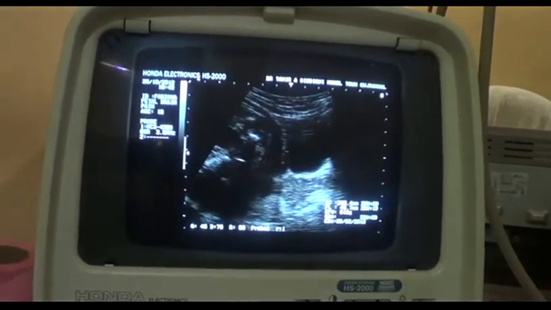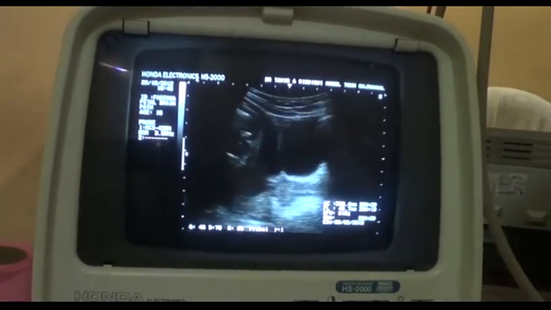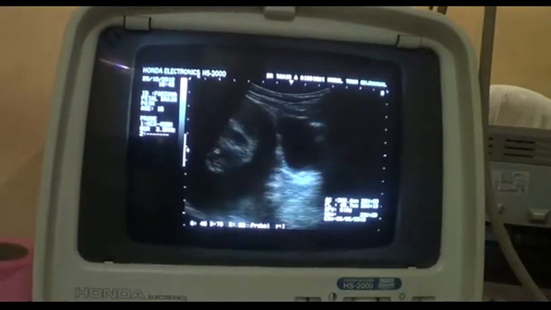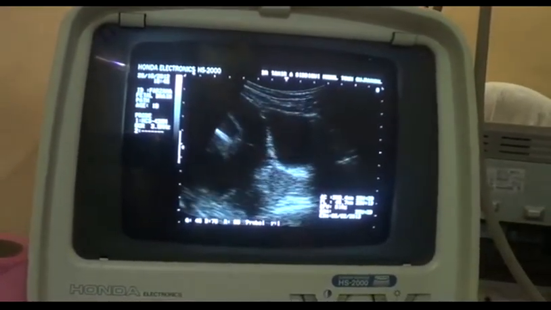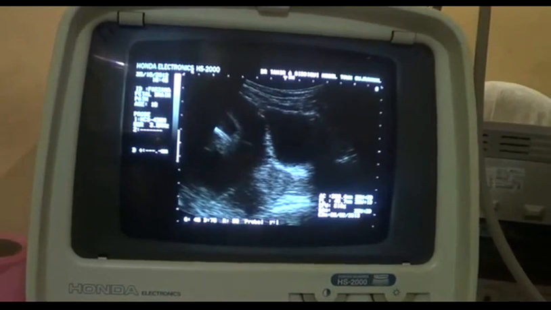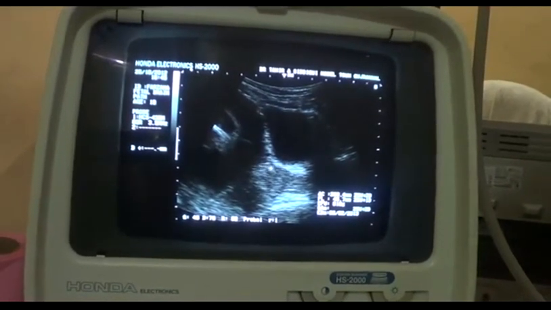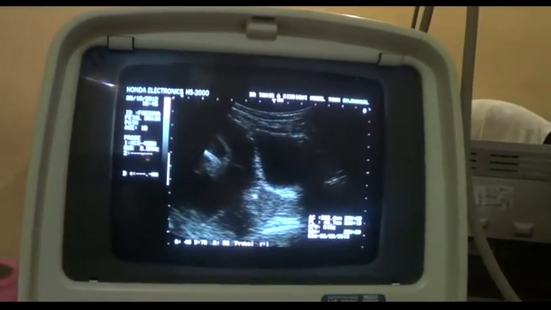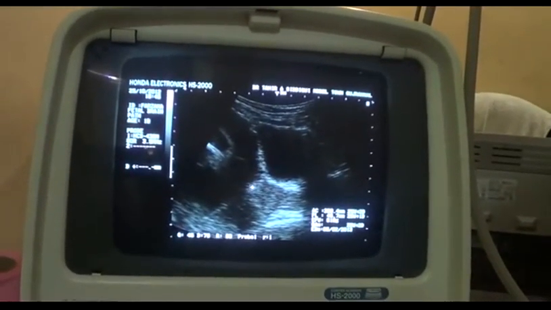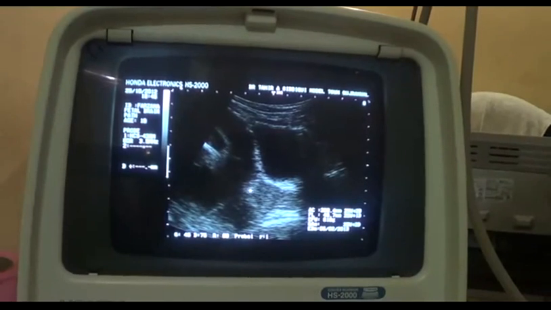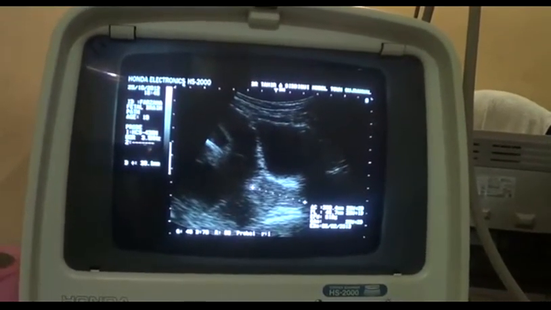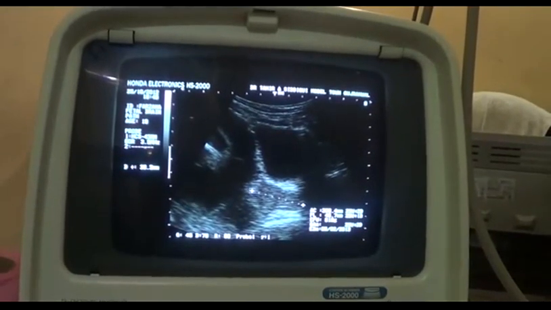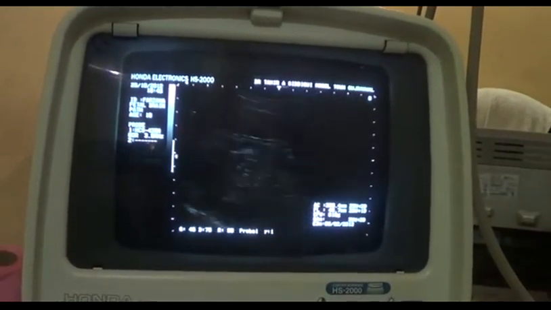This is the cervix, longitudinal section, and this is the urinary bladder anterior to it, and this is the internal os. The cervix measures 3.9 centimeters, so the cervical length is normal.